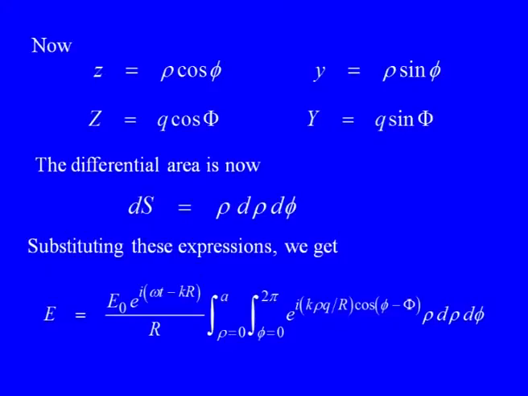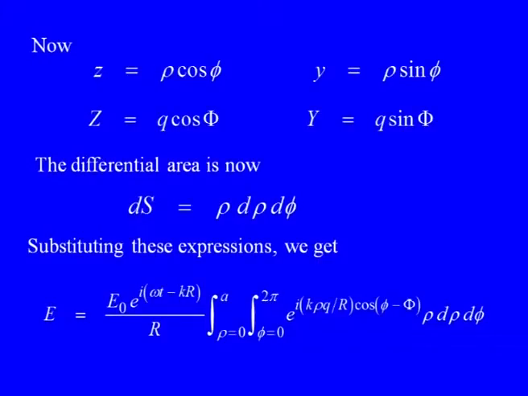Substituting these expressions in the expression for the electric field, for the strength of the disturbance, E is now equal to E naught times the phase factor as before, e raised to the power i omega t minus k capital R, divided by R. Remember again, the division by R is because the disturbance is a spherical wave.